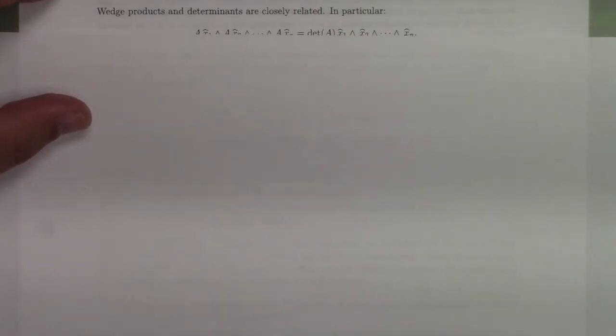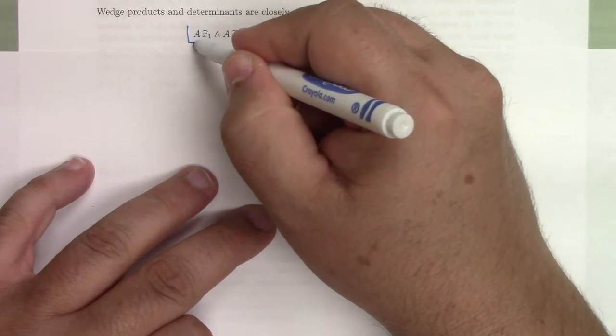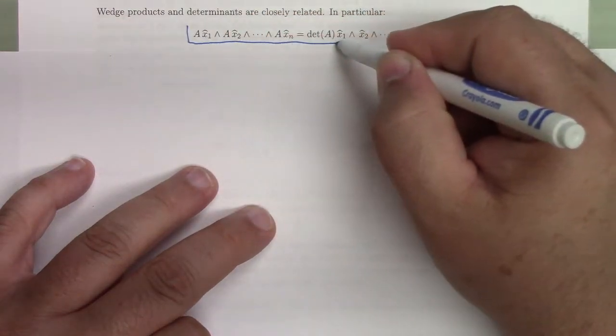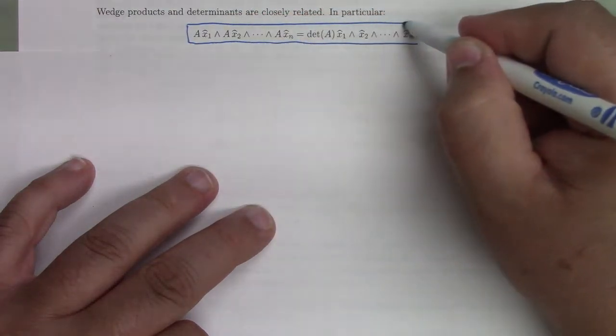I should mention to you that wedge products and determinants are closely related. To expand on the algebra of the wedge product, essentially it's the algebra of determinants. Here's the critical idea: if you take the columns of A, column 1, column 2, column n, that's what A x1 hat, A x2 hat, A xn hat is.